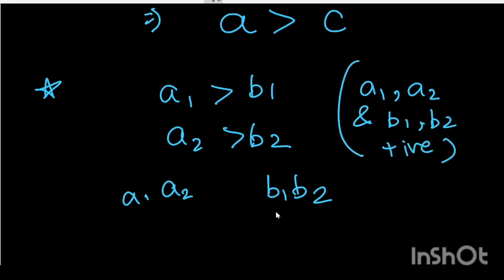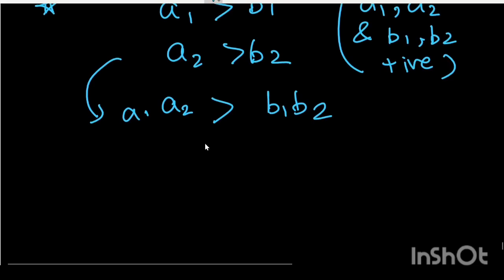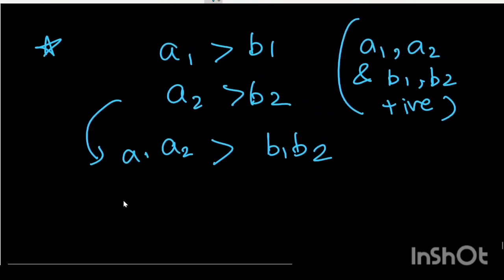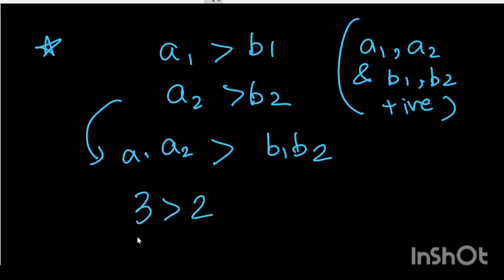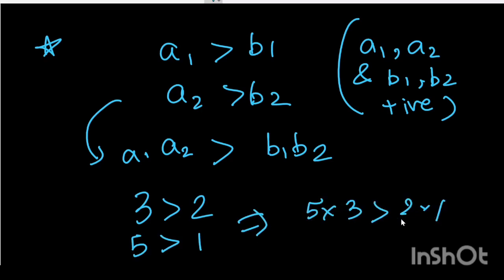Okay, so in that case, if you multiply them, greater than side will hold. For example, if you see 3 greater than 2, 5 greater than 1. So if you multiply 5 into 3 and 2 into 1, you will get greater than sign here, because 15 is greater than 2.